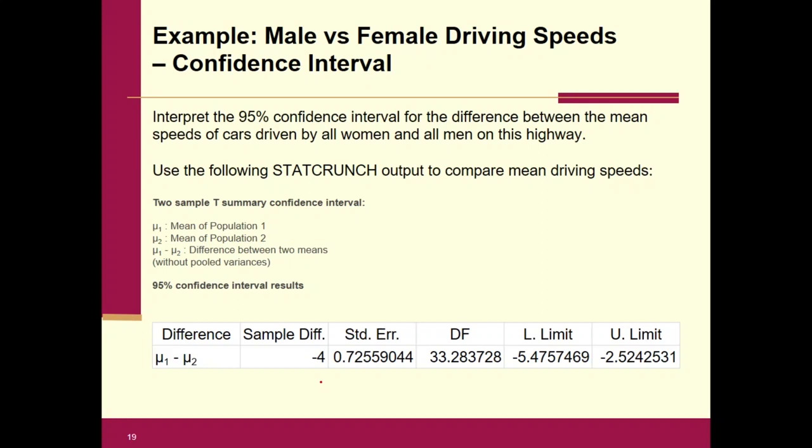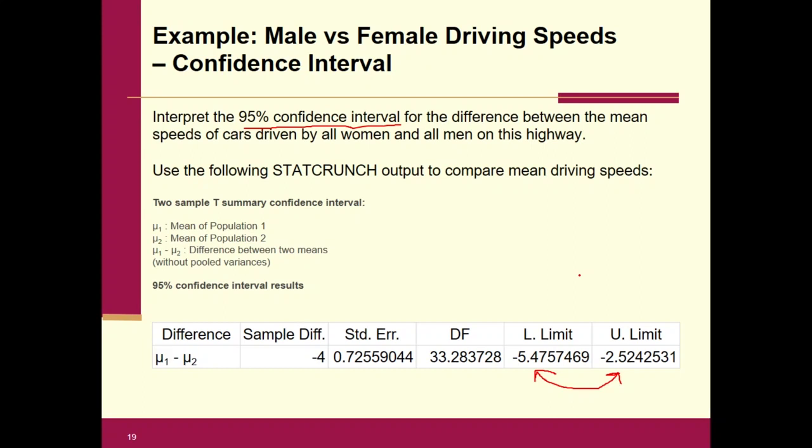Okay, so here I gave you the interpreted 95% confidence interval. Now, with StatCrunch, I'll just tell you that you will not get output for both the hypothesis test and the confidence interval at exactly the same time.